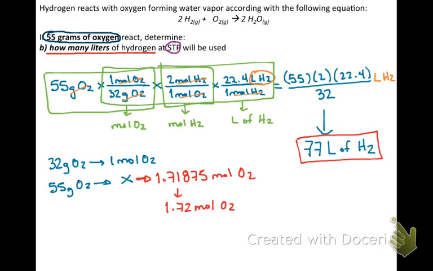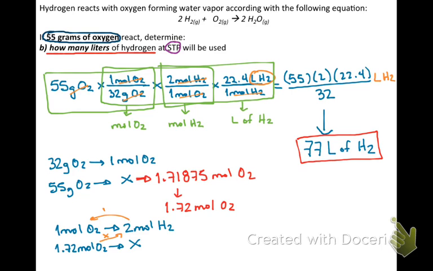Then the second rule of 3 will go like this. If, according to the balanced equation, 1 mole of oxygen uses 2 moles of hydrogen, this is supposed to be an H, then 1.72 moles of oxygen, how many moles of hydrogen will it use? So again we have this times this divided by this.